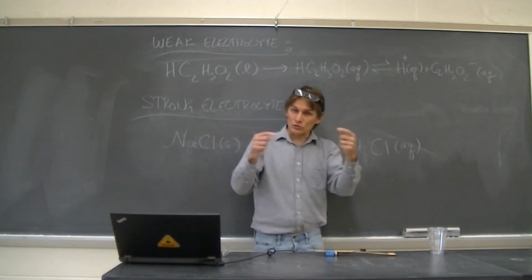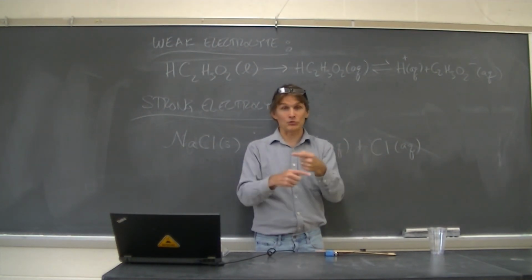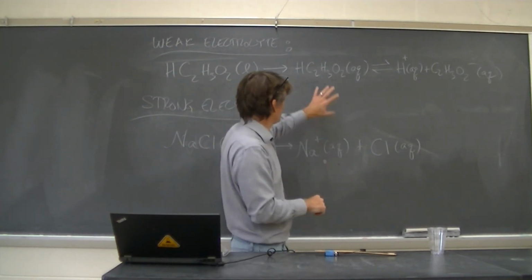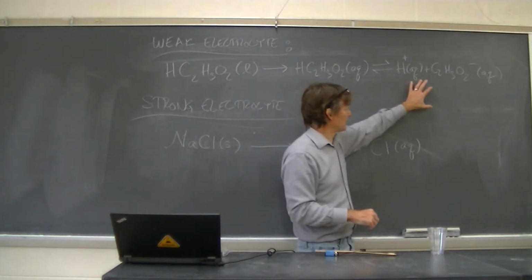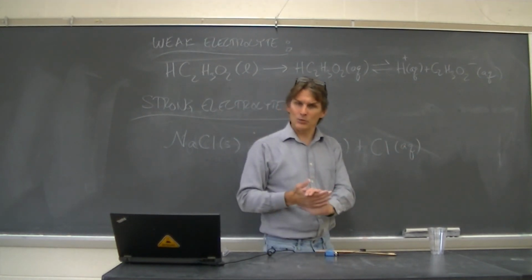And when those two rates are equal, the rate of dissociation and the rate of association, you reach some sort of balance, a certain amount of this and a certain amount of these two things, a particular ratio. And that's what happens in a weak electrolyte.